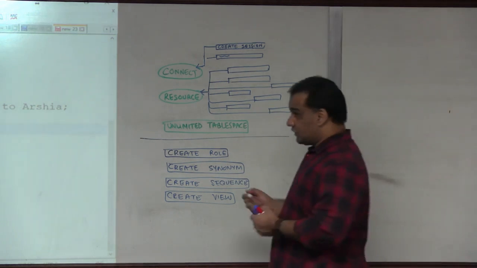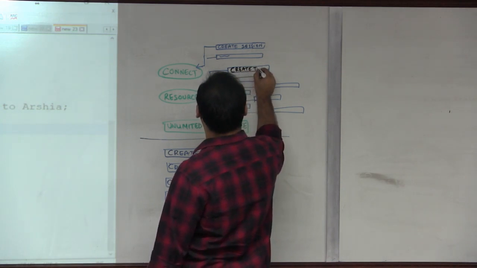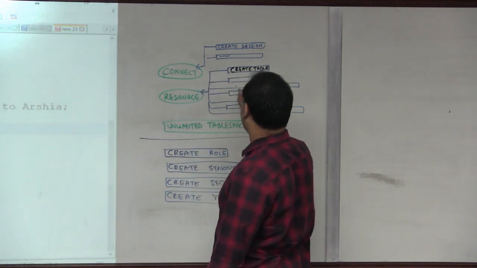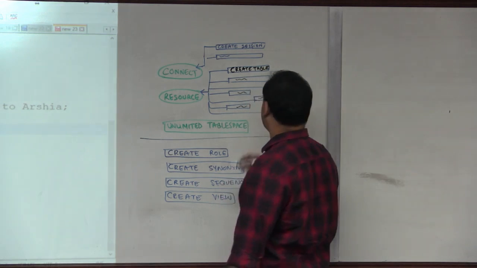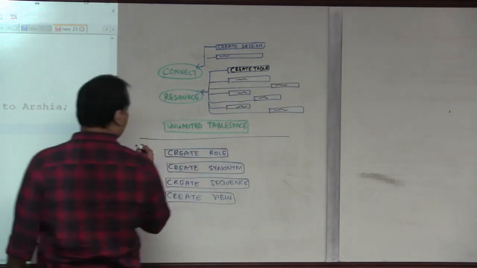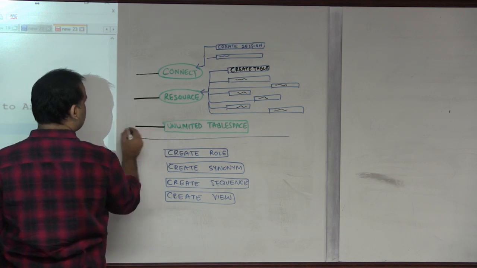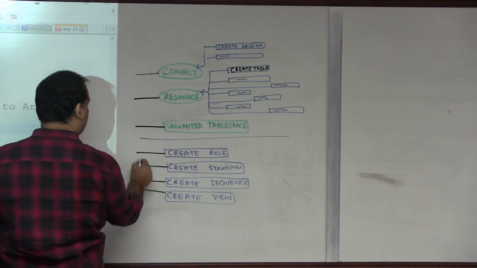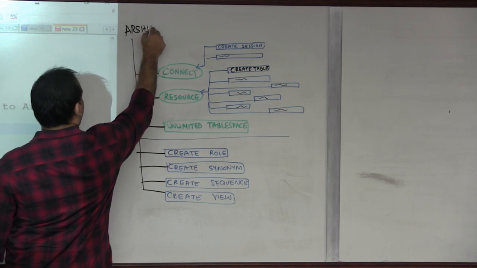Some of those permissions are create table. This is the only one that we are interested in at this point. And then what you are basically going to do is combine all of these permissions together to the user called Arshia.